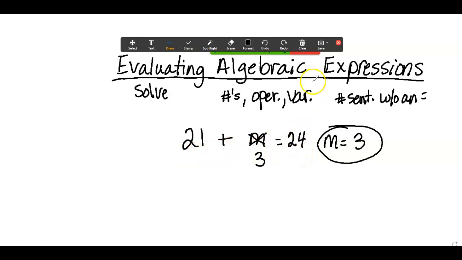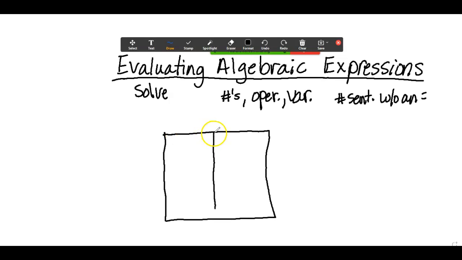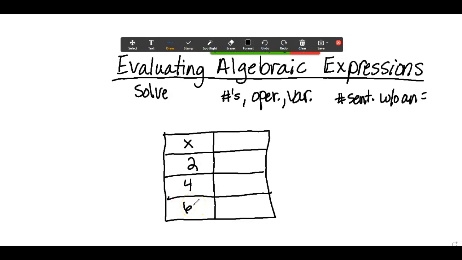Now, a lot of times this happens in a table. So for instance, I might have a table like this where my variable is x. I'm just going to do random numbers, 2, 4, 6. And then they tell me that my algebraic expression is, let's say, x plus 2.